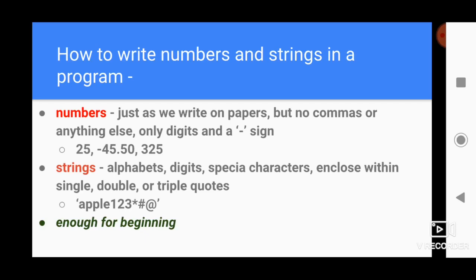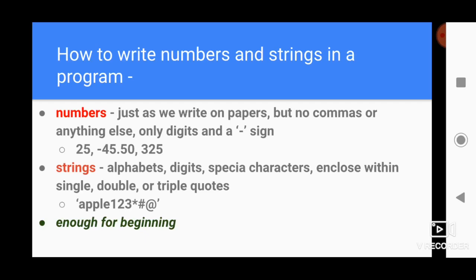As for writing integer numbers, we just write them using the digits 0 to 9, and possibly there may be a hyphen preceding the digits, which represents negative numbers. And for real numbers which have some fractional part after the decimal point, we use the decimal point, the dot, in the number to separate the integer part and the fractional part of the real number.